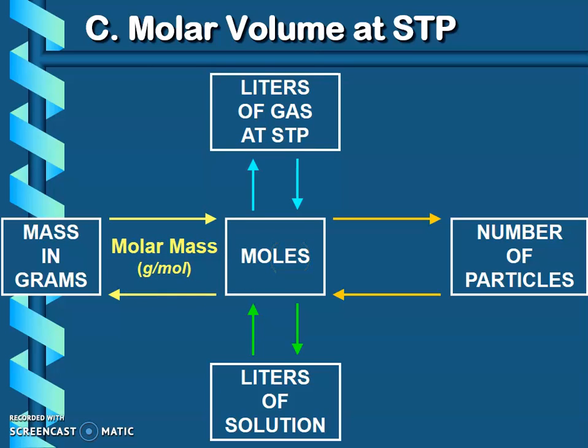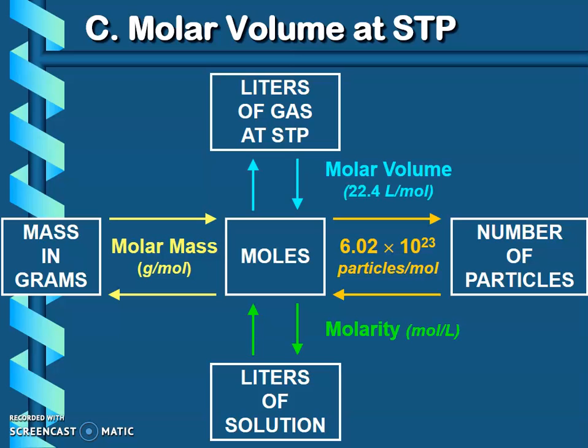Okay, what about if we want to go from moles to numbers of particles? We are going to use a constant, Avogadro's number, 6.02 times 10 to the 23rd. That's that counting number, okay? To go from liters to moles or moles to liters, we're going to use molarity, which is moles per liter. And now we have our new one that we're going to add up there.